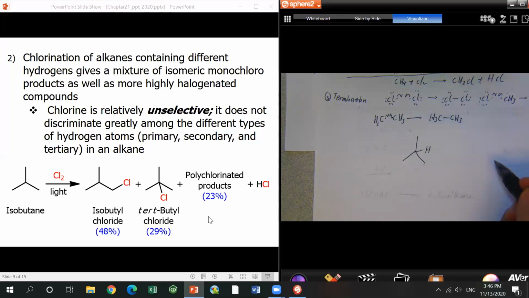So in isobutane radical chlorination you actually get a lot of products: the terminal hydrogen replaced by Cl, the internal hydrogen replaced by Cl, and also polychlorination. It's pretty difficult to isolate any of these, so it's less valuable for making a pure compound.